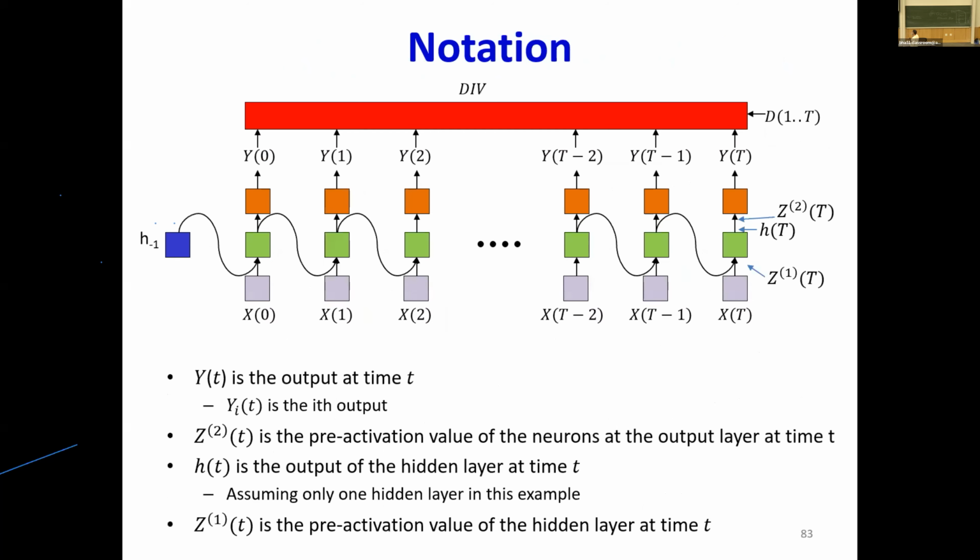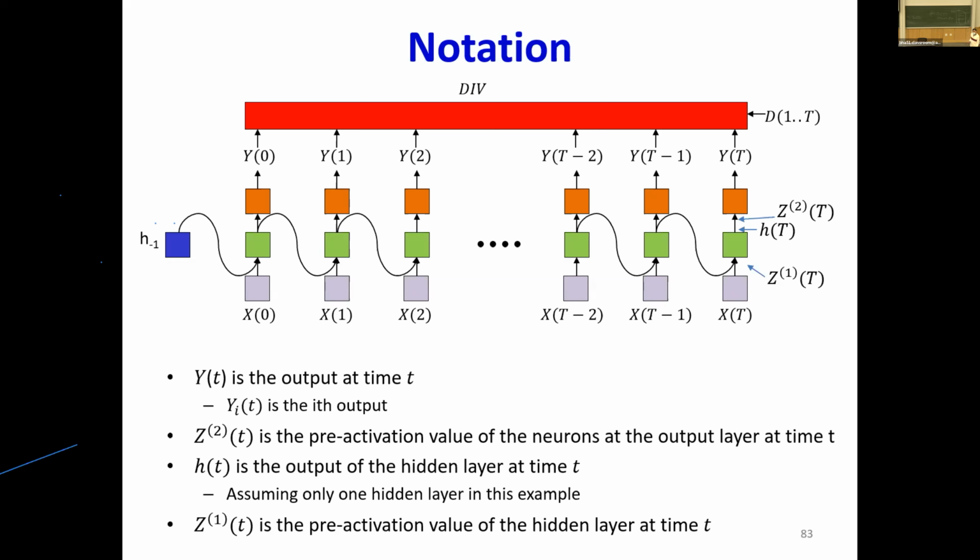So here is the notation. Yt is the output at time t. In this particular example, I just have one hidden layer of neurons, but it can have any number. We can generalize the example to more complex architectures. At each neuron, at the hidden layer, or at each layer, first you compute an affine value. I'm going to indicate the affine value by the symbol Z, as always. The superscript represents the layer.